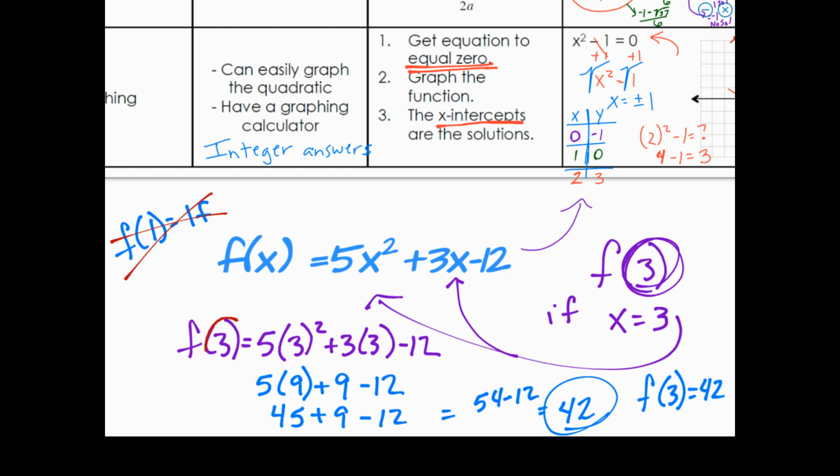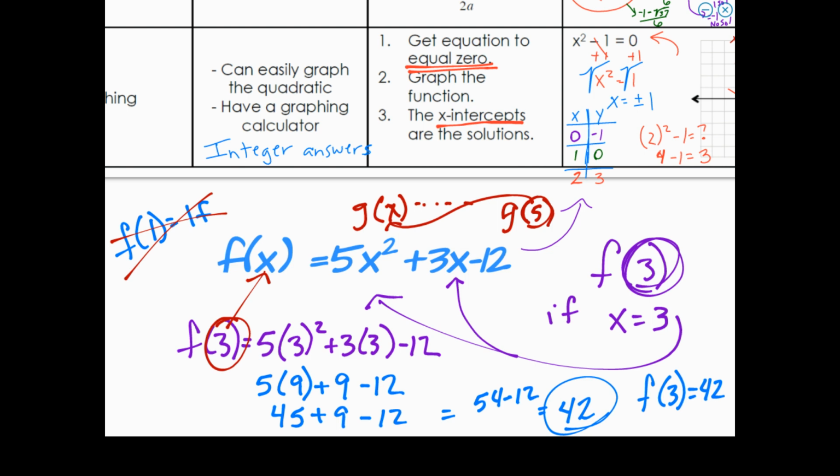It means to replace all of your x's with 3 or whatever number's in the parentheses. If it gives you g of x and whatever that function is, and then it says what's g of 5, then you're going to substitute 5 into the g function, not the f function. Okay? That's what it's telling you.